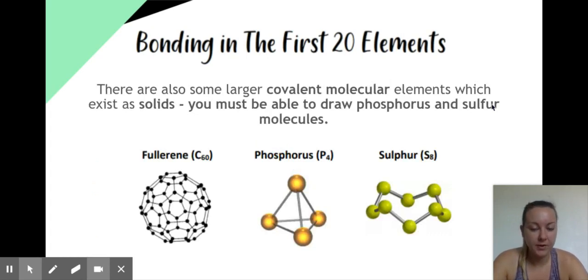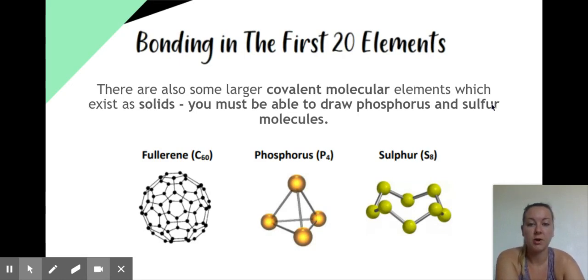There are some covalent molecular solids, being carbon as a fullerene. So these are on page 2 of your notes as well. You have C60 fullerenes. Now these are made up of 5 and 6 carbon rings.